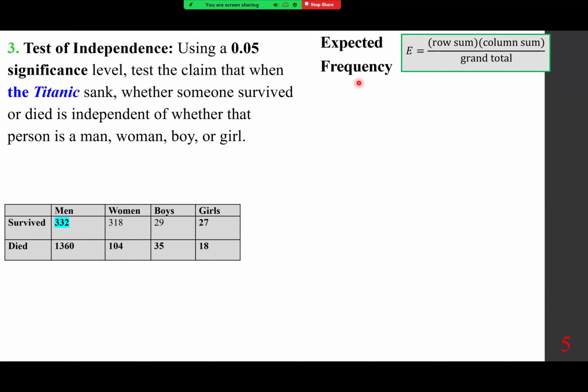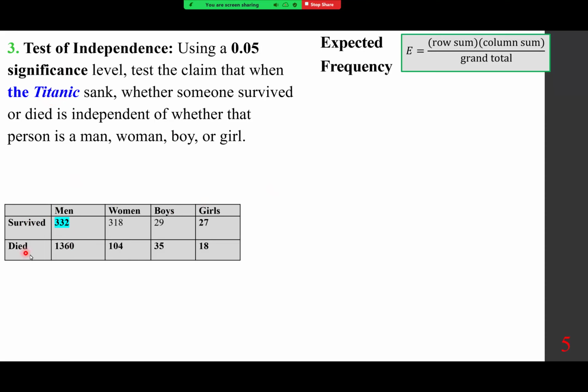let's look at this concept of expected frequency from the table. Here's the given table. We are looking at one group. What is the group? The group of the people from Titanic. And we separate them into men, women, boys, and girls.